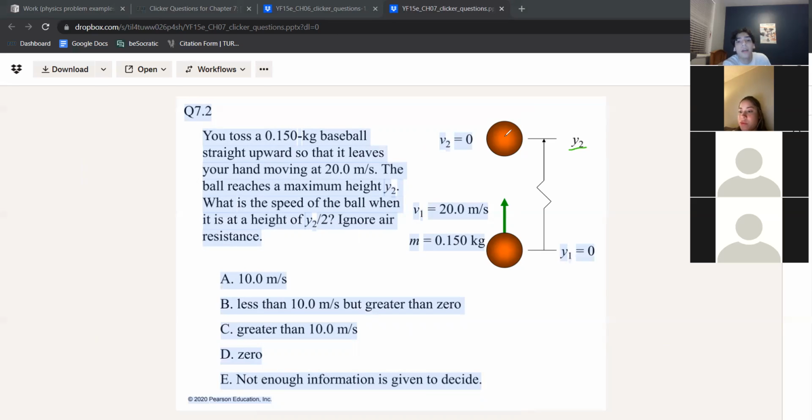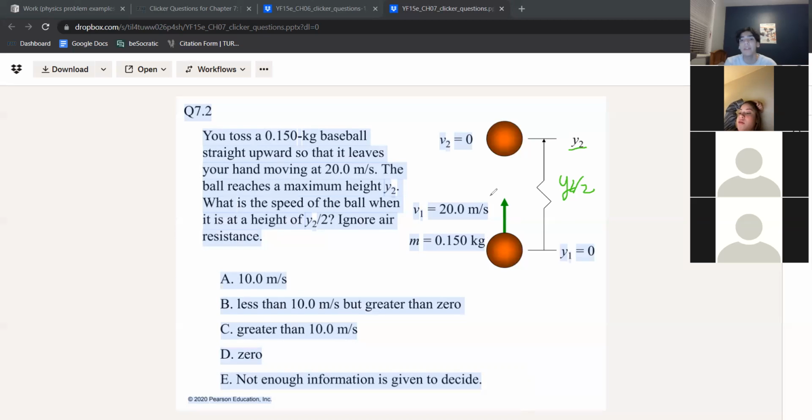Well, when the ball is at y2 over 2, so halfway to y2, is it saying like here? If you think about it, the ball is going downward, opposite to y1, which is already all the way down. So halfway of that, it will be 10 meters per second.